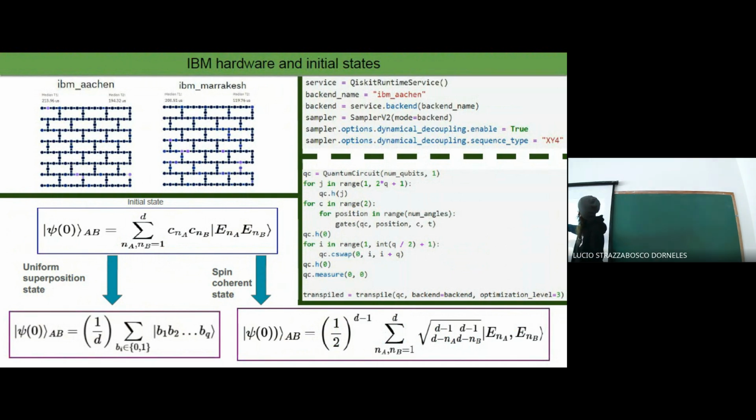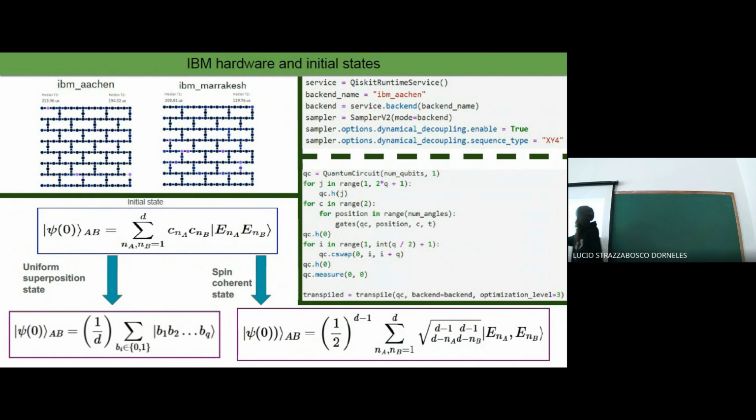I don't know if you can see, but we have T2 and T1. Basically, T2 is the time that a system stays in its state when you apply operations. The bigger this time, the better. And T1 is the time that a system stays in an excited state before it decays to the ground state.